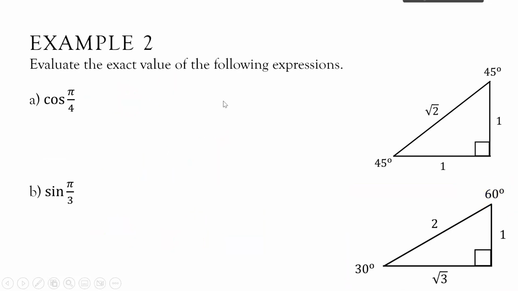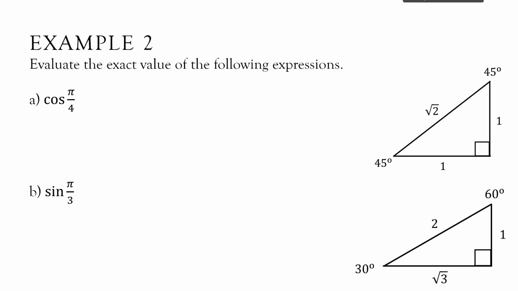Just for some extra practice, same instructions, evaluate the following trig functions at the given angle, or these following expressions. So for part A, I want cosine of pi over 4. So pi over 4, this is not in degrees. This is a radian measure, if you recall from section 7.2.